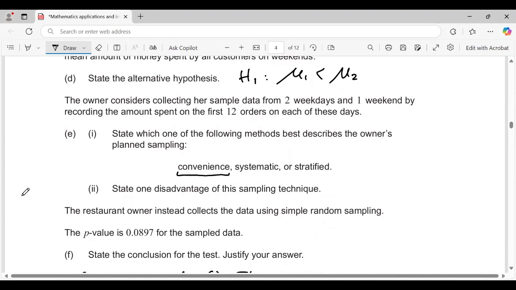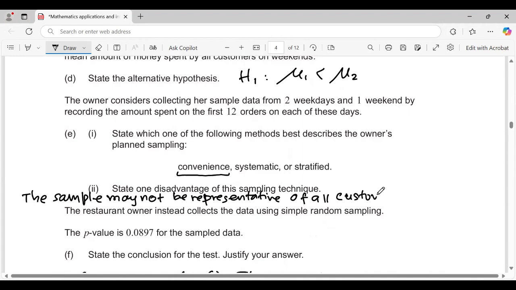I would like to write in here that the sample may not be representative of all customers, leading to bias results here.